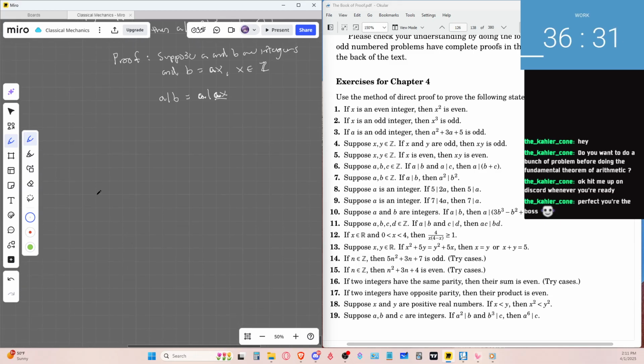What's next? Actually, I'll write down the next problem. If I have to write more, I'll probably move to the side. So suppose a, b, c, d are integers.